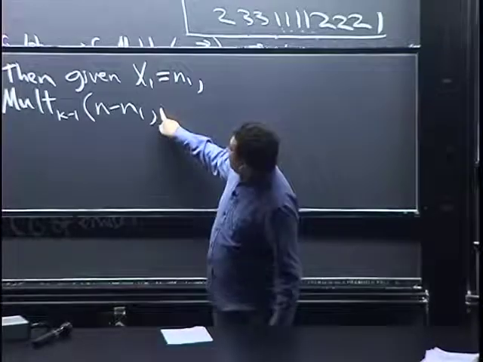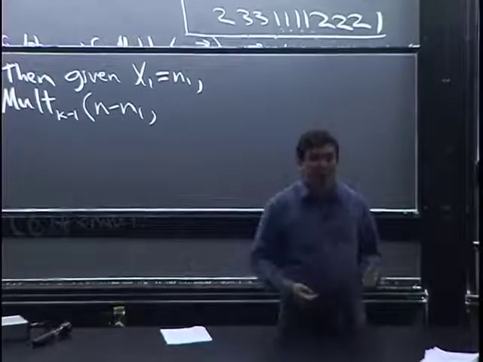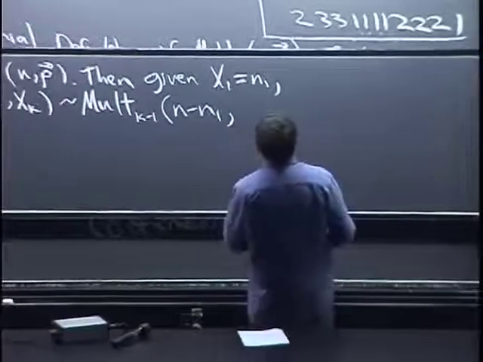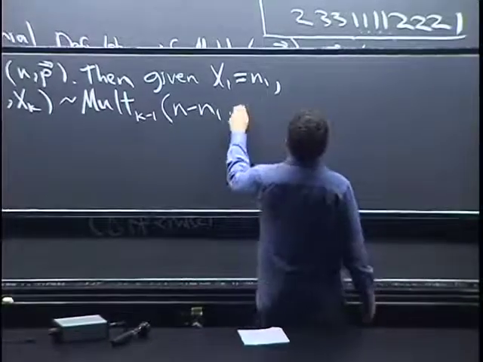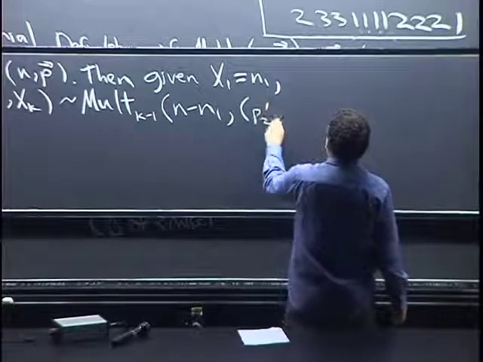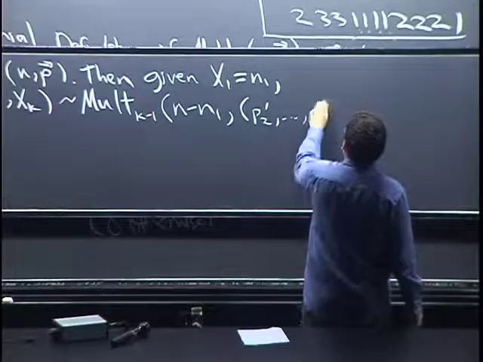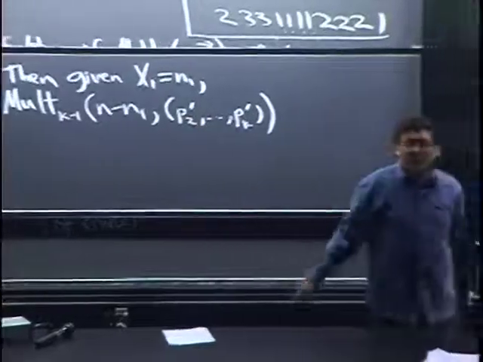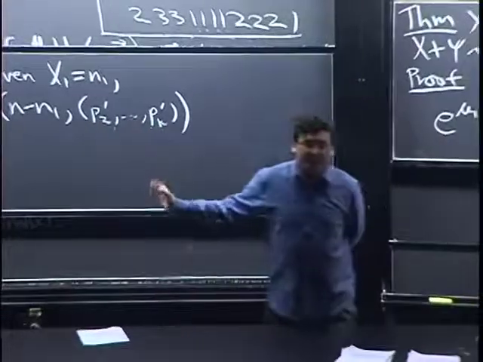But to get these p's, we have to think conditionally, right? So let's call this vector p2 prime through pk prime, where somehow we have to figure out what p2 prime is and so on, because without the primes, it doesn't add up to 1, makes no sense.